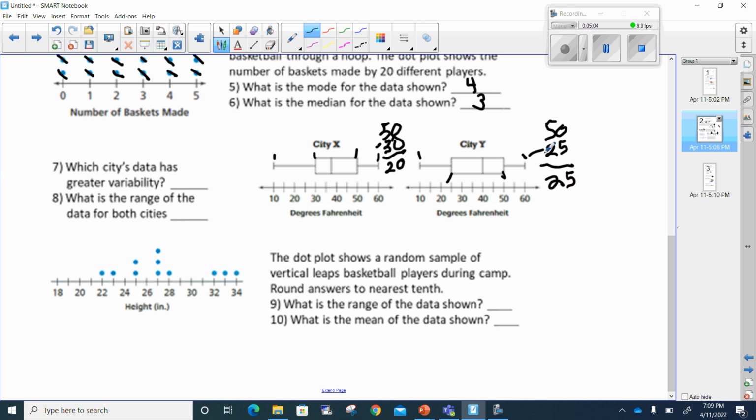So the greater variability has to be city Y. All right, now we've got 8. What is the range of the data of those cities? We said that earlier. The range was 60 minus 10 for both of them, and that's 50.